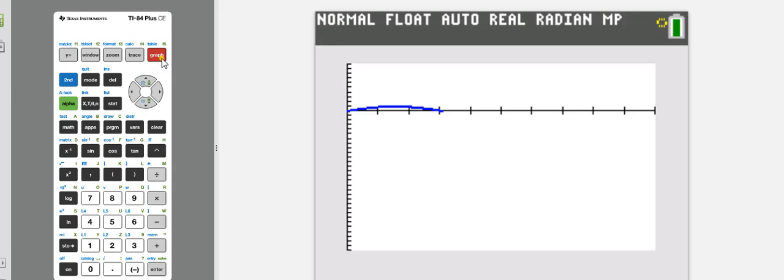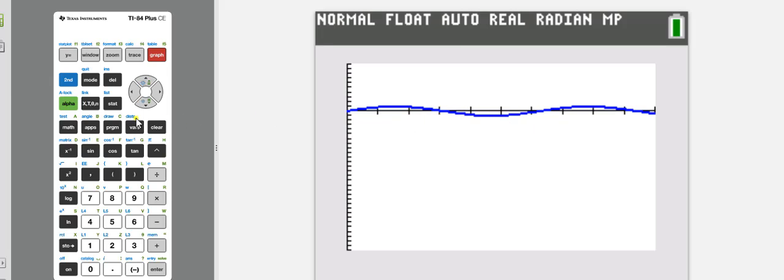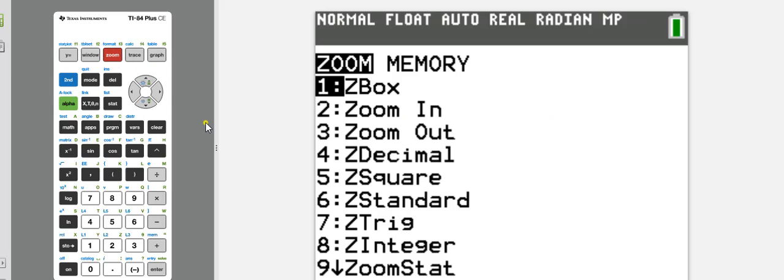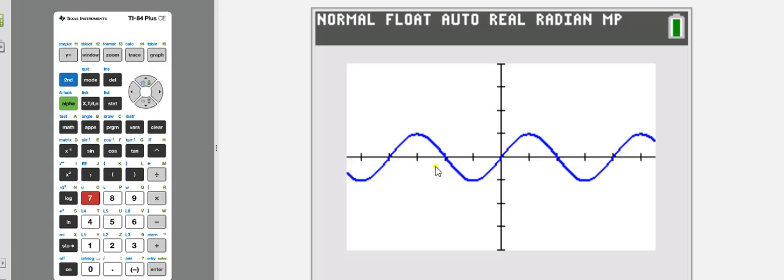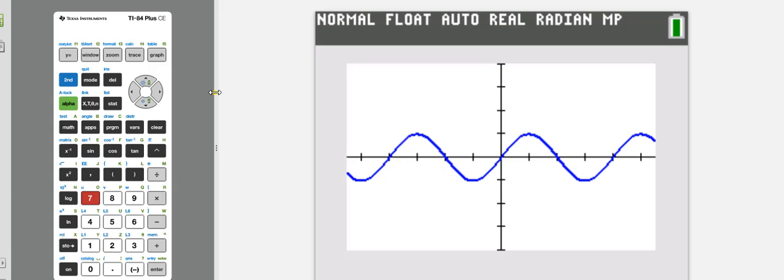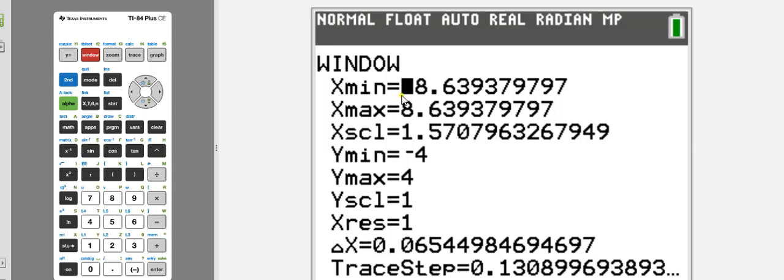So let's graph it. Now the graph looks too flat, so whenever you want to graph trig functions, go to zoom and then press number 7 for zoom trig. And you'll have a better graph of sine x. Now, when you go to window, you will notice that x minimum is negative 0.63, x max 8, everything's in decimals.